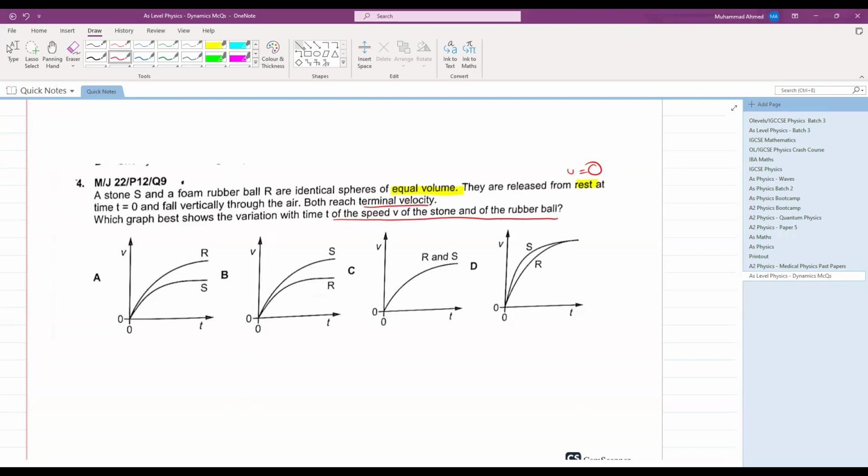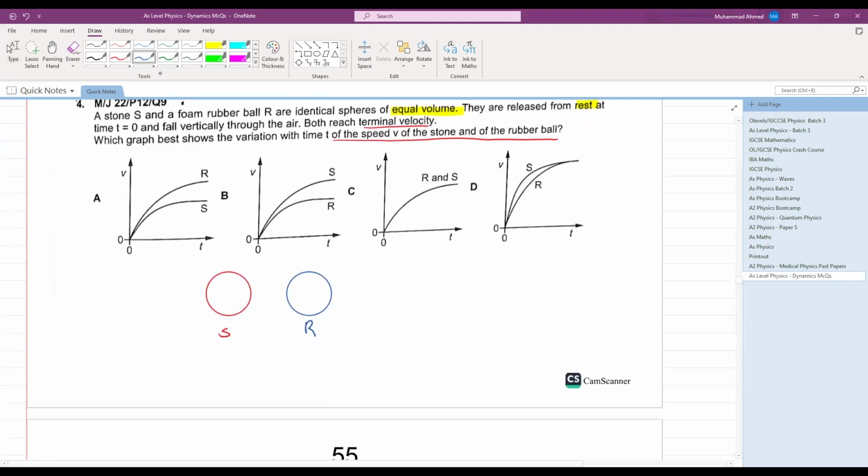Please identify that if there are two balls, one of stone and one of rubber, both of equal volume, which one will have a greater mass? The stone ball will have a greater mass compared to the ball of rubber. If you have a greater mass, you will have a greater weight as well.